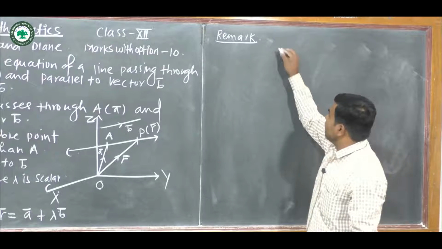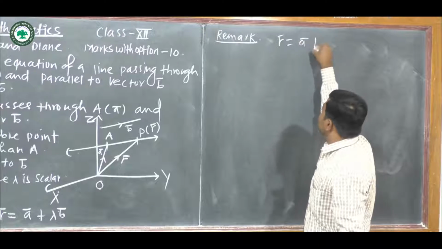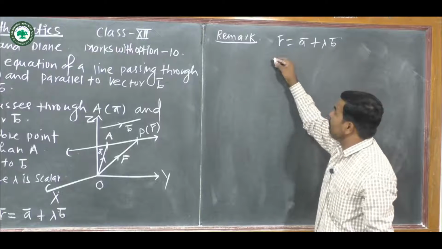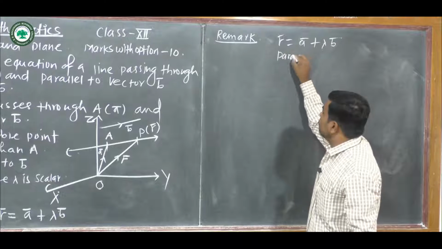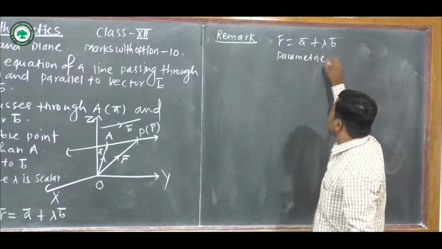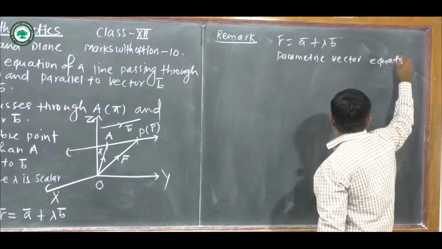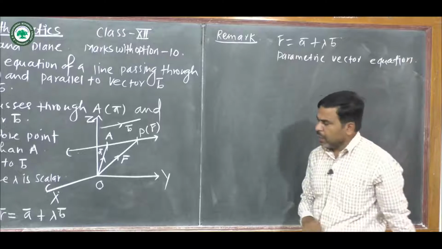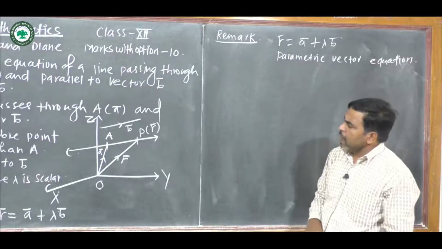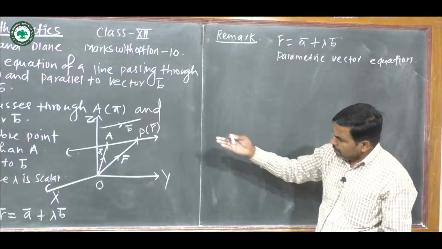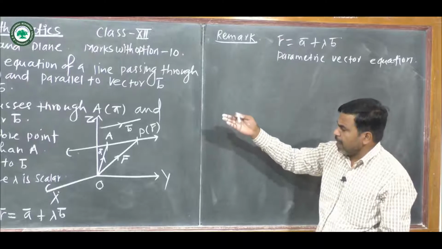This equation R bar is equal to A bar plus lambda into B bar is called parametric vector equation.